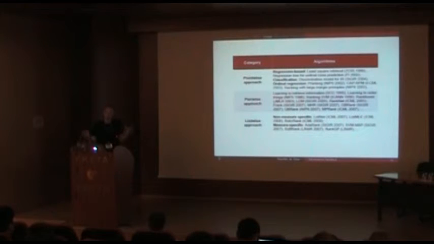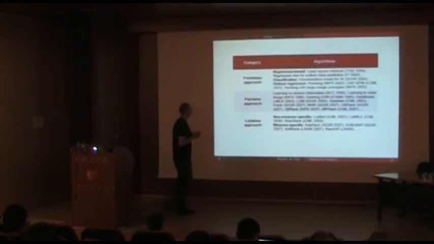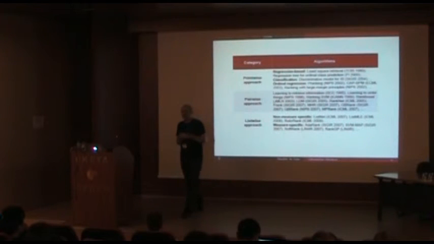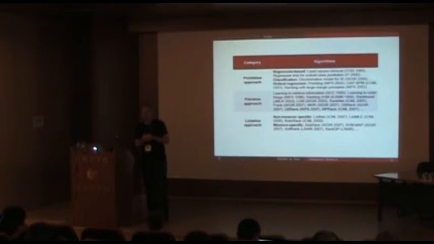If you want to make a bit more sense of them, it helps to group them. One grouping that you often find in the literature is pointwise, pairwise, and listwise. So pointwise learning to rank, pairwise learning to rank, and listwise learning to rank.